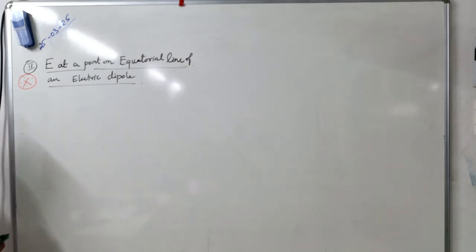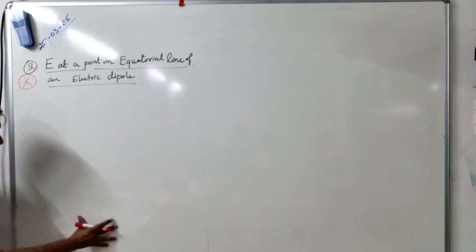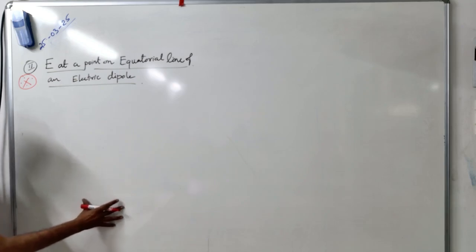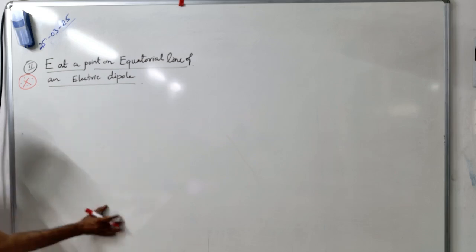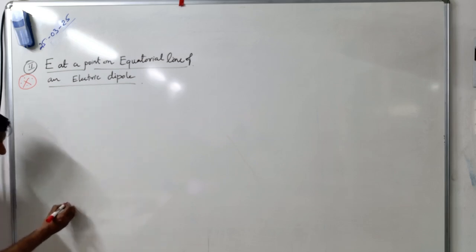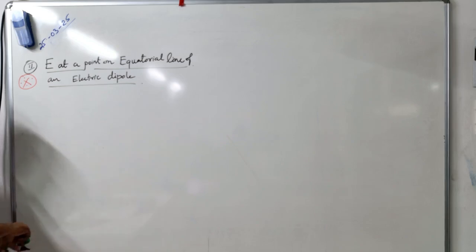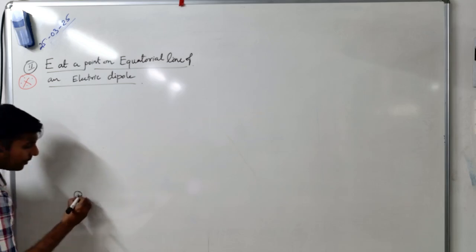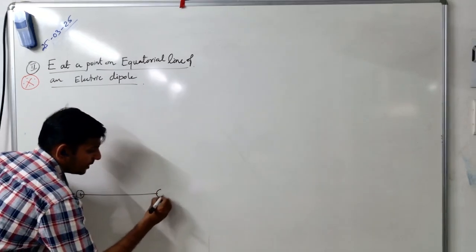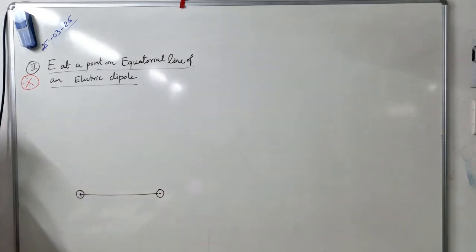So equatorial line of a dipole. What is the strength of the electric field? Give some enough space here and draw the dipole. I am going to assume a positive charge and negative charge as usual. Positive charge separated by a distance from the negative charge.